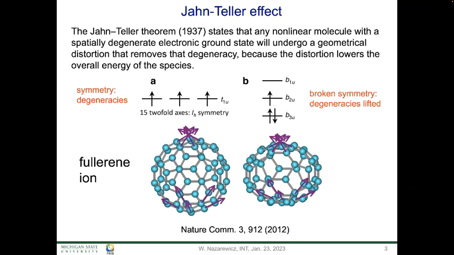They collaborated on this, and this was pertaining to molecules. And the theorem states that any nonlinear molecule with a degenerate electronic ground state will undergo a geometrical distortion, which removes this degeneracy, okay? Because the distortion lowers the overall energy of the species.